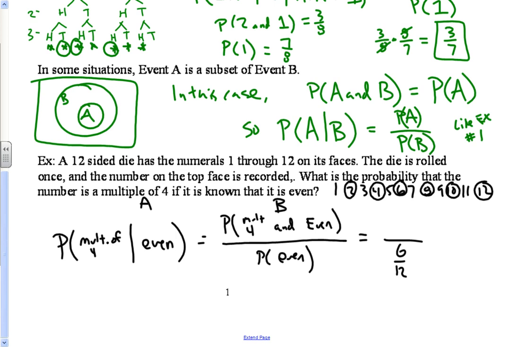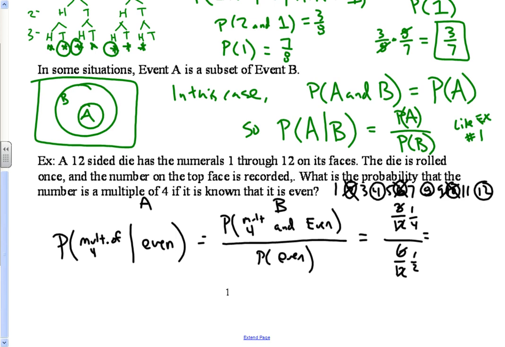The probability that it is both a multiple of 4 and even, well, 2 is not, 6 is not, and 10 is not, but 4, 8, and 12 are multiples of 4 and even, so that would be 3 out of 12, which is 1/4, over 1/2.